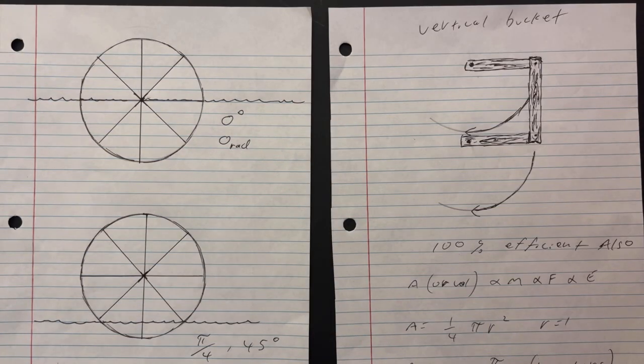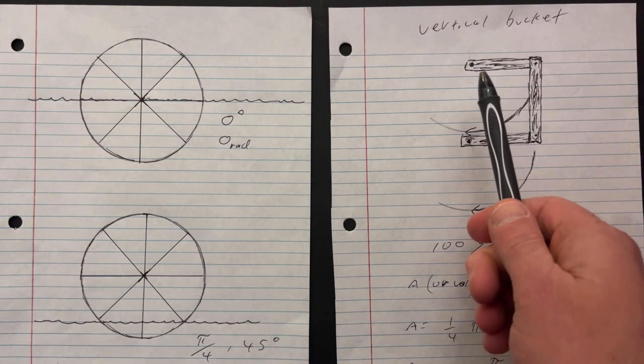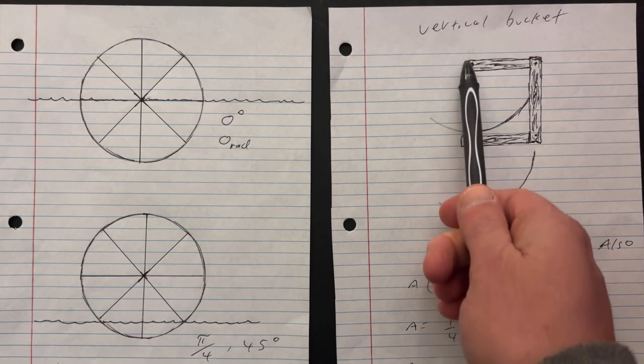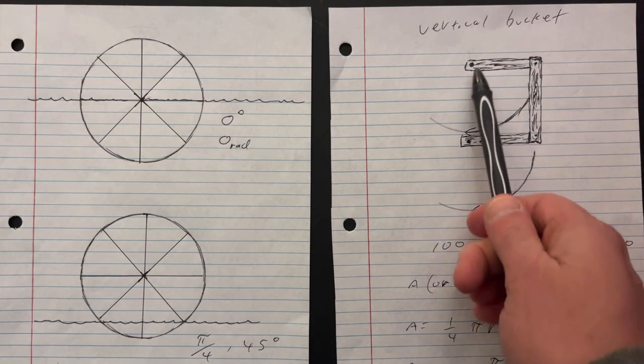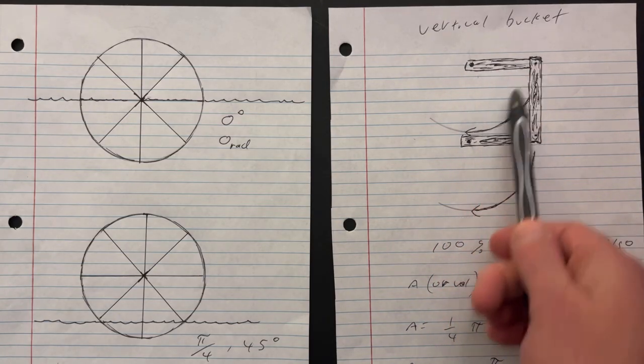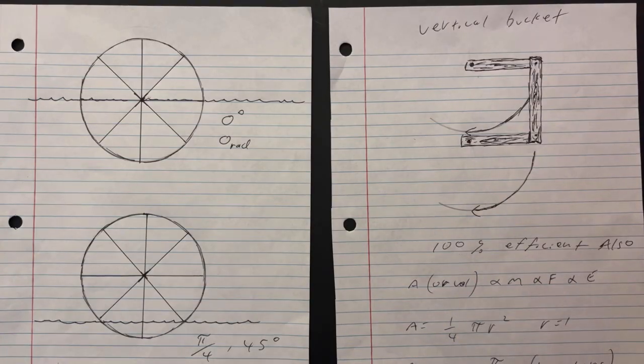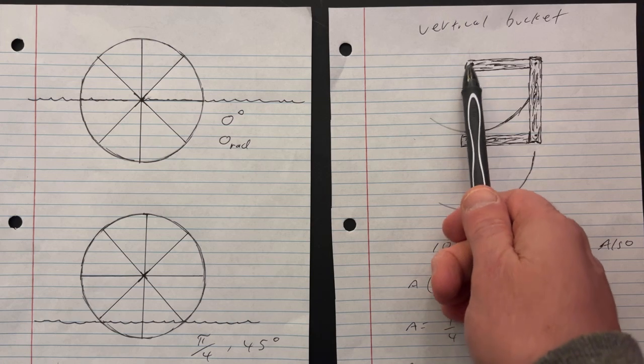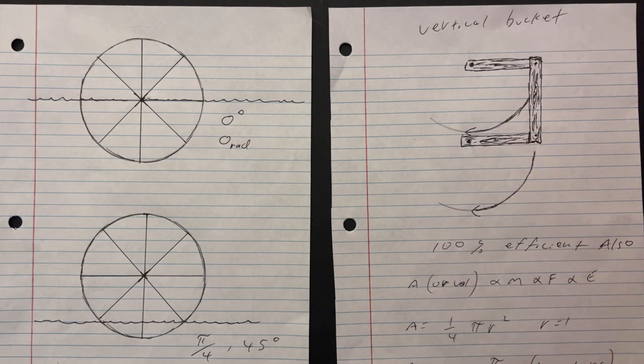For a 100% efficient paddle wheel, I'm looking at a vertical bucket paddle wheel right here, which is also called a 4-bar linkage system or a 4-bar mechanism, because you can have a bar on the left, one on the right, and then these 2 horizontal bars. The paddle wheel will be the vertical component right here, and you could have a motor either at this pivot point or at that pivot point.